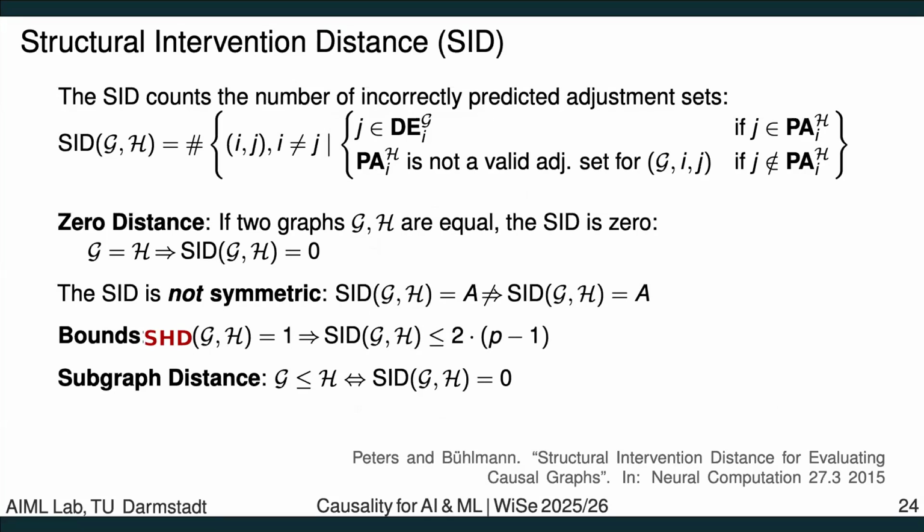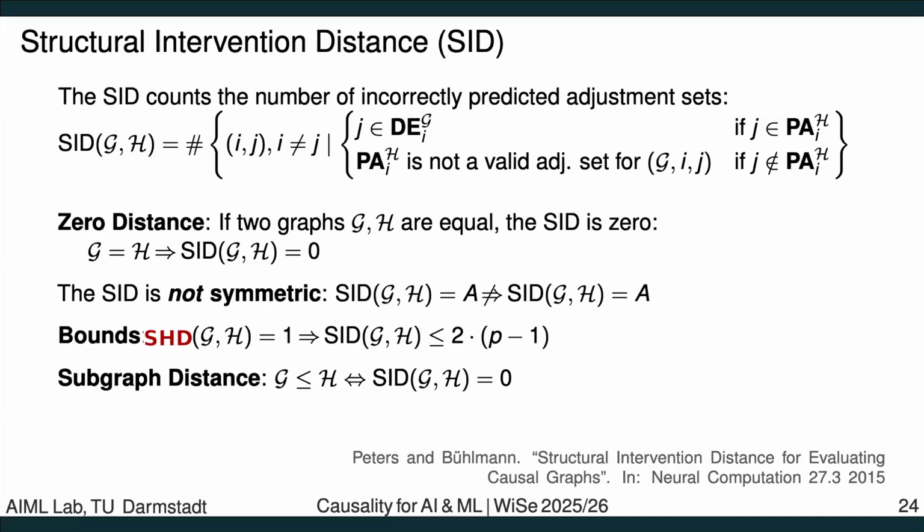Just some properties of this SID. Basically, what we would expect, at least if the graphs are equal, the SID is 0. It is non-symmetric, so if we flip G and H, we can get different results.